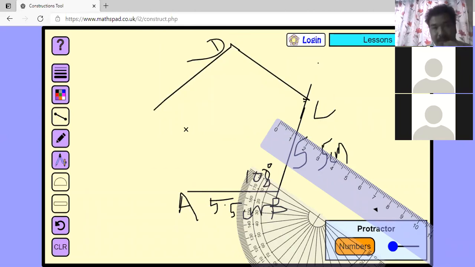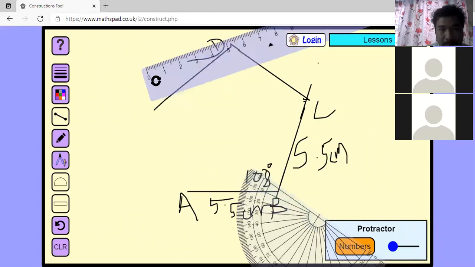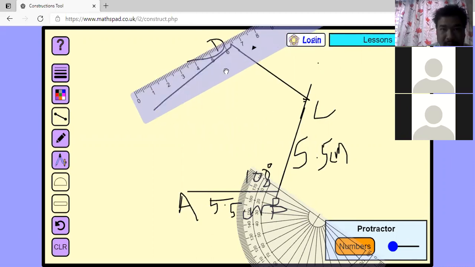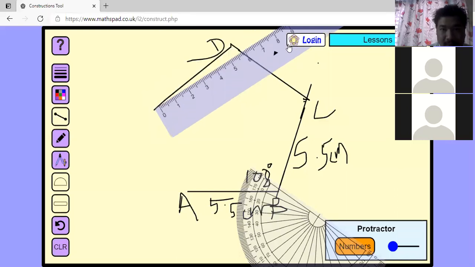This line also must be 5.5, and take the help of ruler and measure its length also. Like this, take the help of ruler, and it must also be 5.5. Here is 5.5. Okay, and measure this line, and here is 5.5.